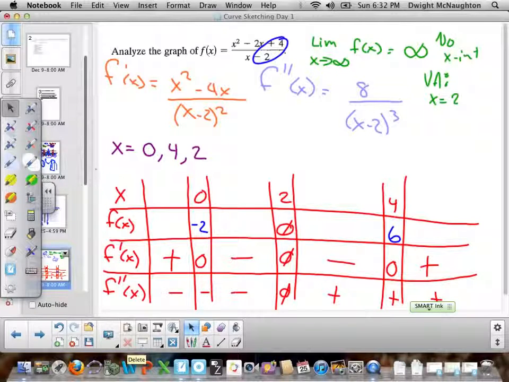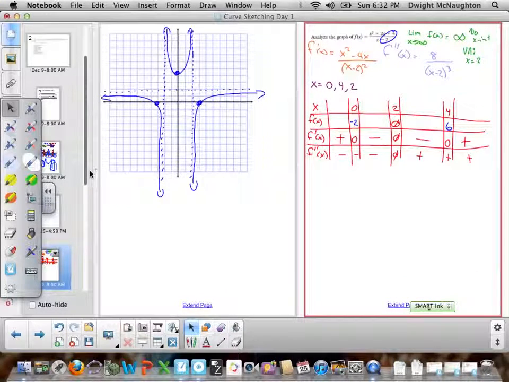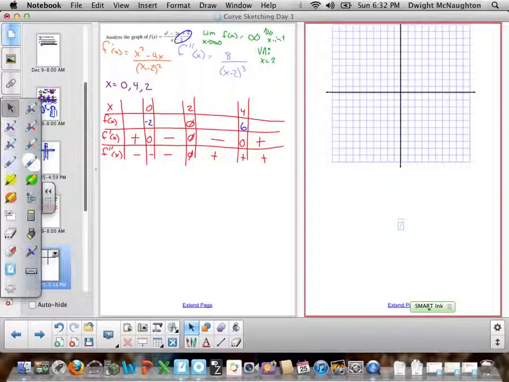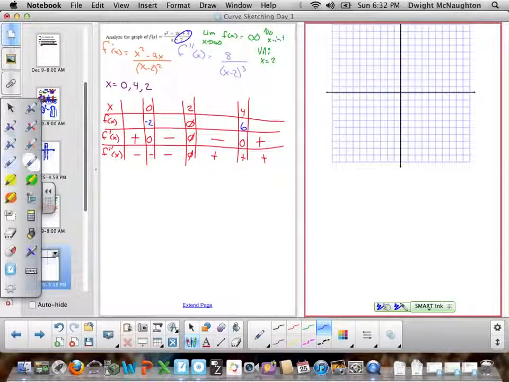So let's go ahead and apply this to a graph. All right, we will sketch our asymptotes. Vertical asymptote at x equals 2. No horizontal asymptote. There's a y-intercept at -2. There is no x-intercept.